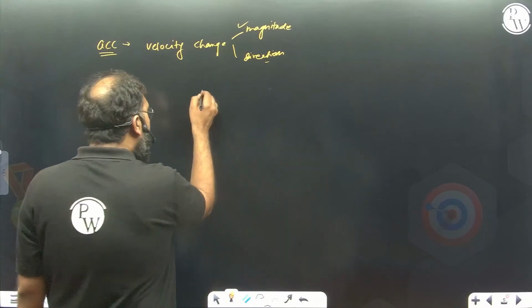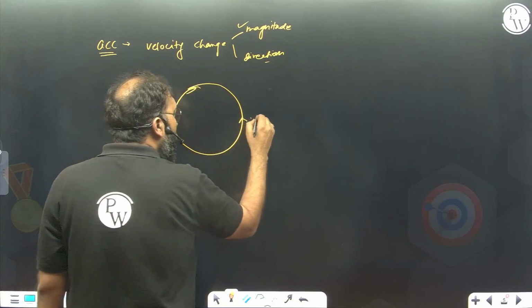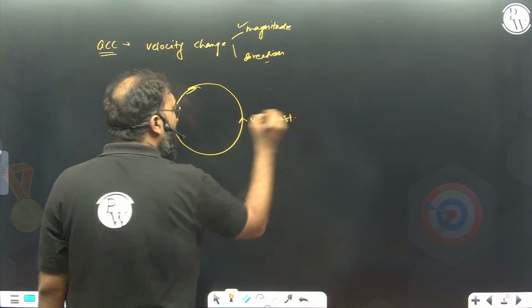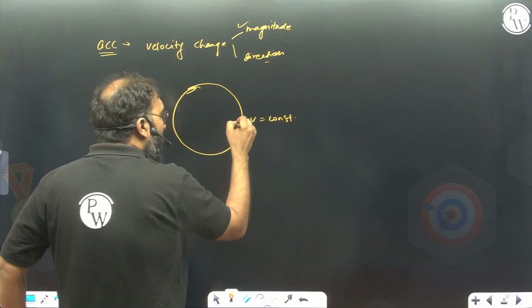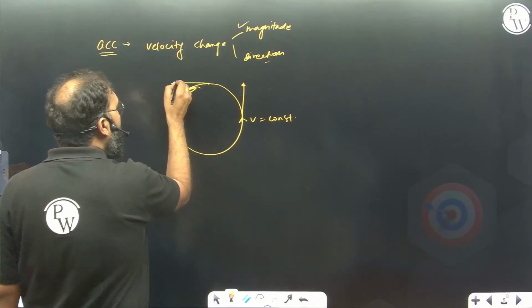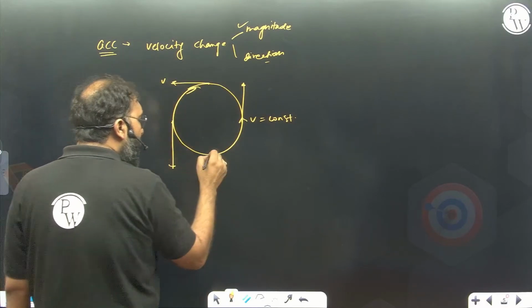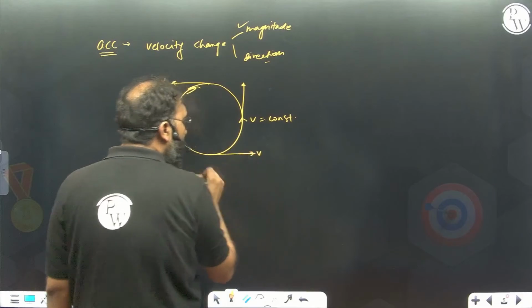So let's say in this case, the particle is moving with constant speed on this circular path. So here, if we see the direction of velocity, it will be upward. At this point, the velocity will be like this. Here, the velocity will be in the downward direction. Here, the direction of velocity is this one, right?